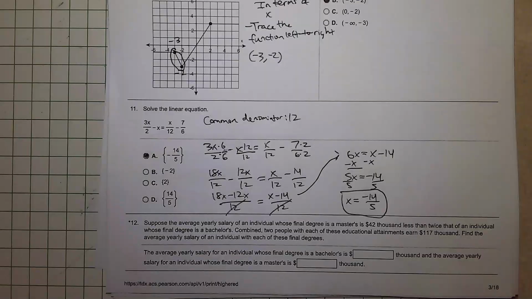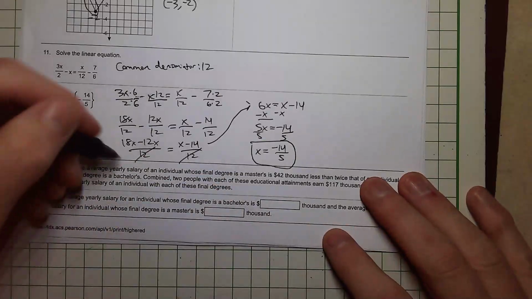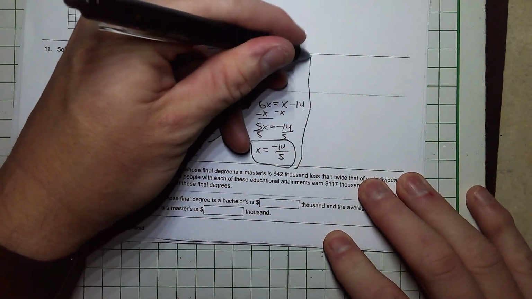Okay, good. Suppose the yearly salary of an individual whose final degree is a master's is 42,000 less than twice that of an individual whose final degree is a bachelor's. Combined, the two make 117,000. Find the average yearly salary of each individual with these degrees. So I'm going to do number 12.